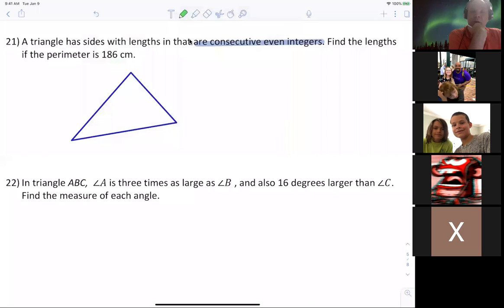And I like X. One side is X. Come on. If one side is X, I want someone to tell me what the other side is.